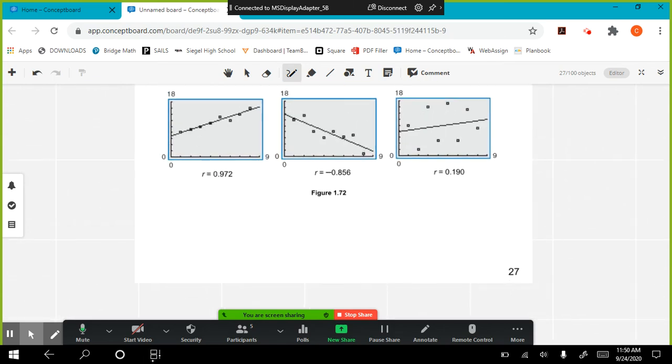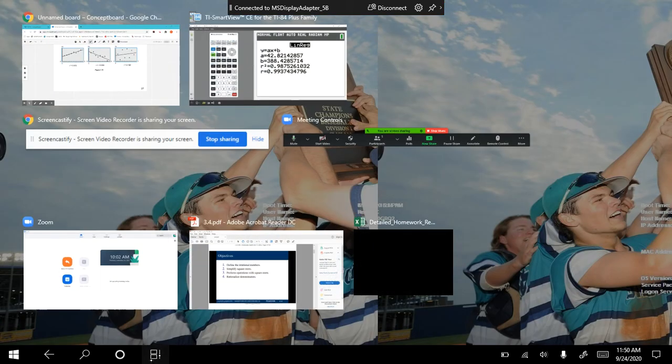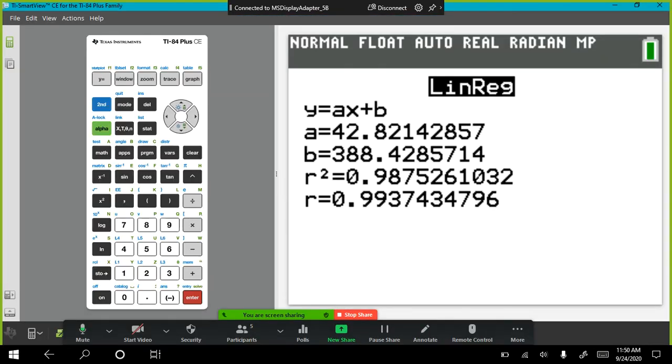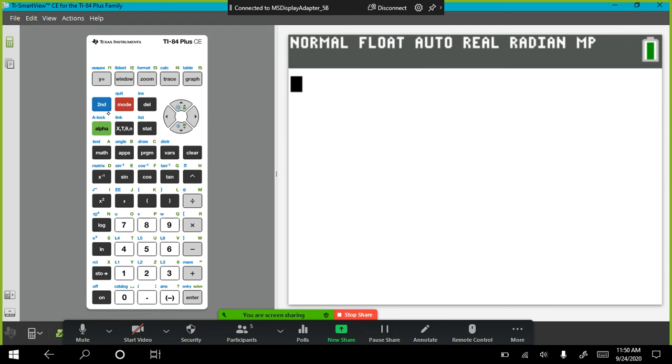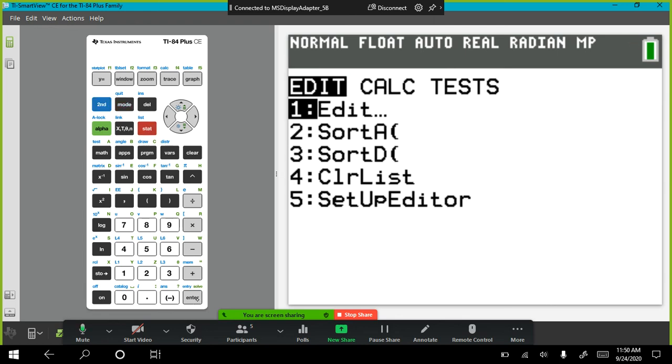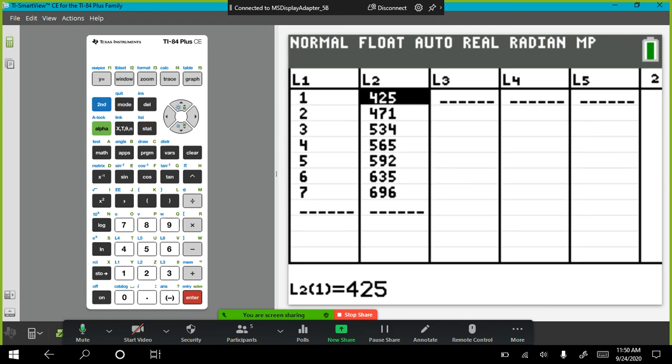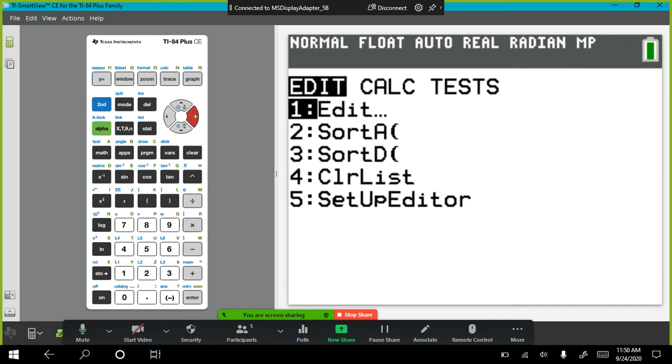All right, so just to rehash on the calculator. We need to make sure for this that I go to mode. The stat diagnostics is on. And then I hit stat and edit to enter my X and Y coordinates. And then I hit stat and go over to calc.